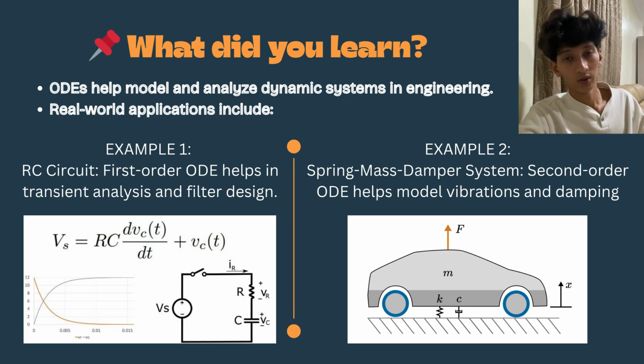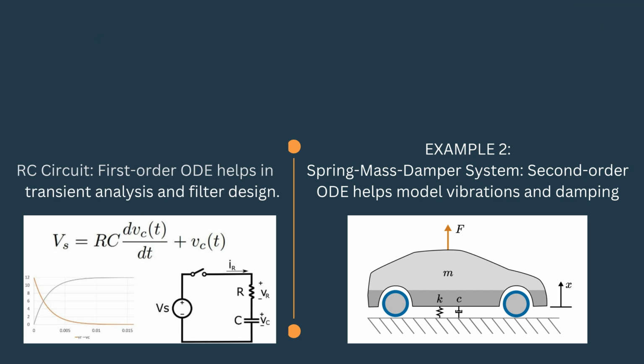By solving this ODE, engineers can predict system behavior and ensure stability under various conditions. So in summary, ODEs are so powerful for translating real-world dynamics into solvable mathematical problems. Whether it is electronics or mechanical systems, they help us design, analyze, and innovate.